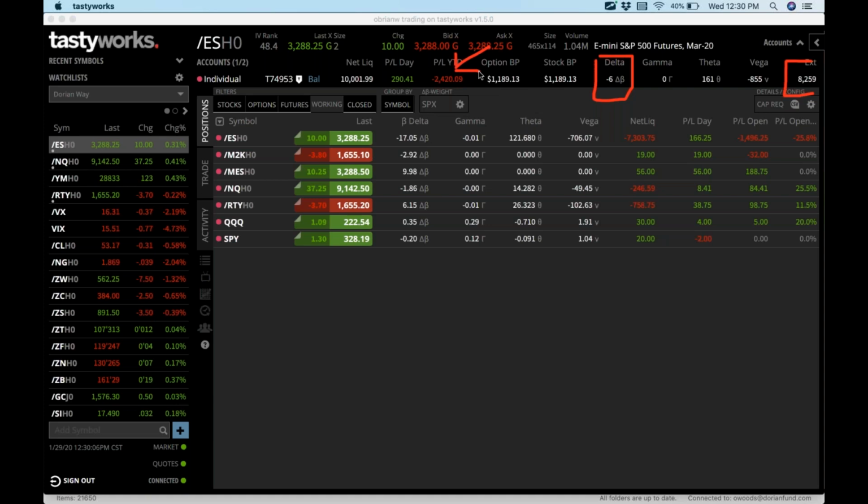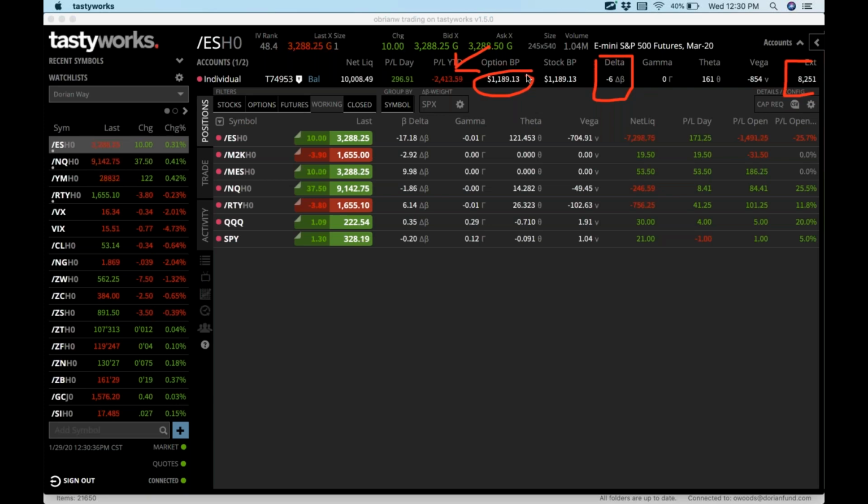So I'm trying to reduce my delta risk, so I just bought that micro future, and it increased my buying power, right? So it doubled my buying power, or a little over doubled my buying power. So that helped in 2 ways, and I didn't really care about getting a little bit more premium because I already have a lot of premium I can still make in that extrinsic there. So I was just trying to make this, I guess, less directional for this account right now.